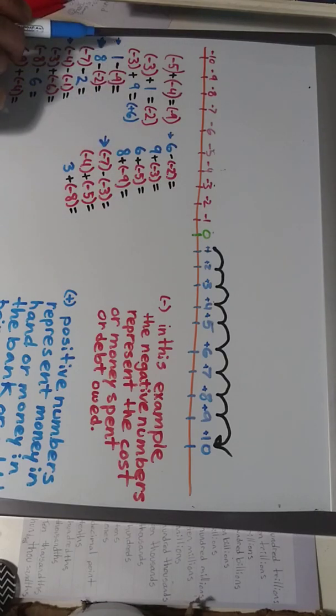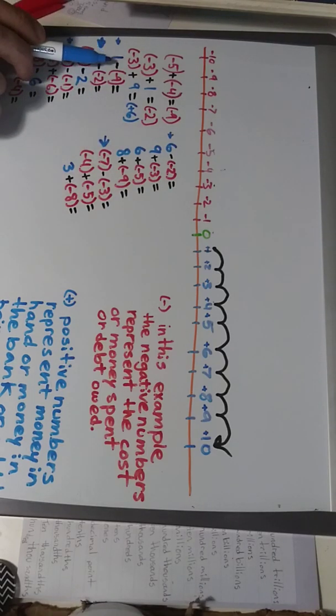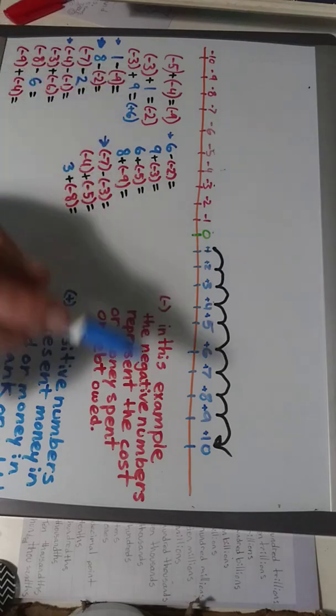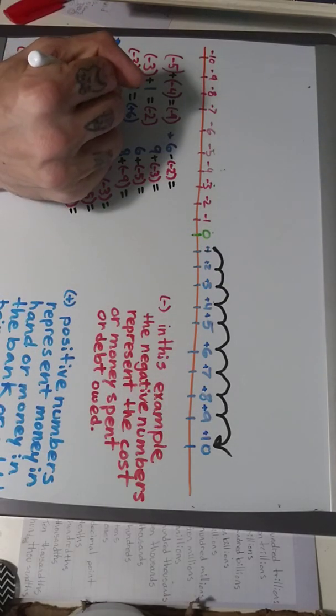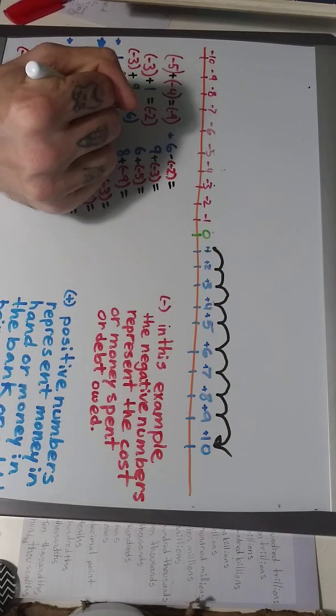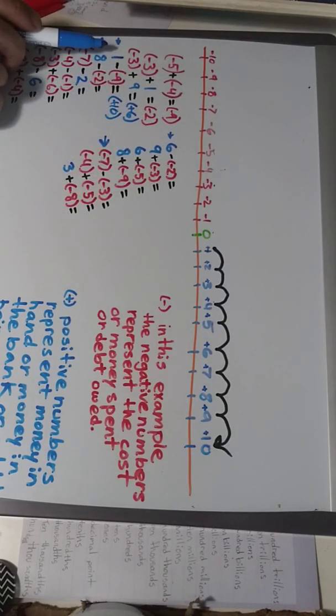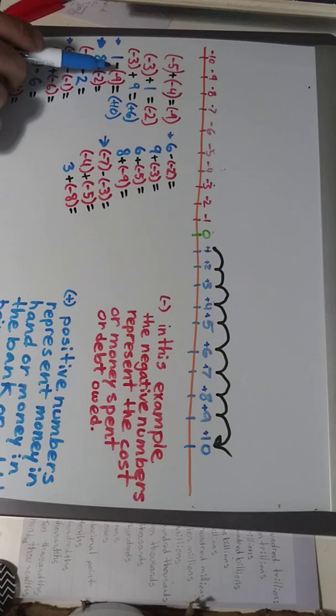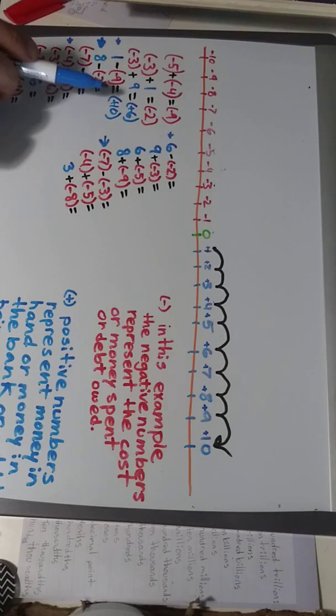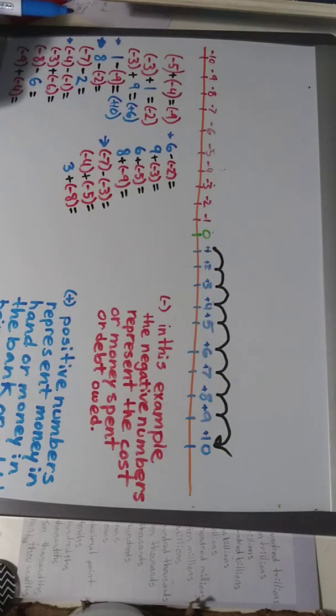So 1 minus negative 9 equals positive 10. Or you could say 1 take away the debt of negative 9, and then we're at positive 10. So we're taking away the debt, somebody's paying it off.